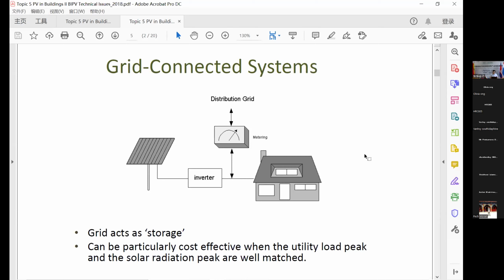For example, on a sunny day the PV panel can generate a lot of power, but how about a rainy day, an overcast day, and at night?